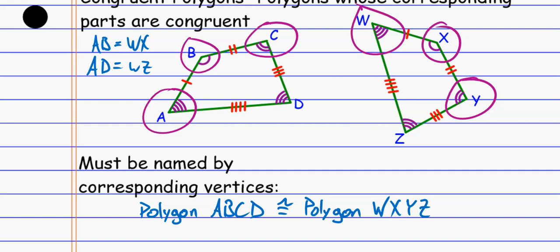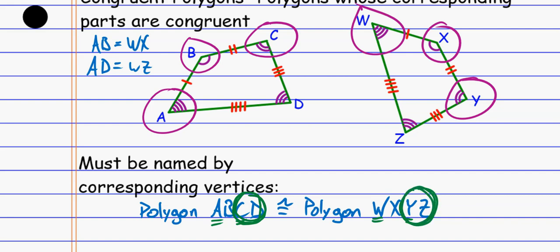So by saying polygon ABCD is congruent to polygon WXYZ, I'm also telling you which pieces match up. And just looking at the name, I can see that angle A matches with angle W. I can see that angle C matches with angle Y. Okay? Even looking at these pieces, I could say that segment CD is the same length as YZ.